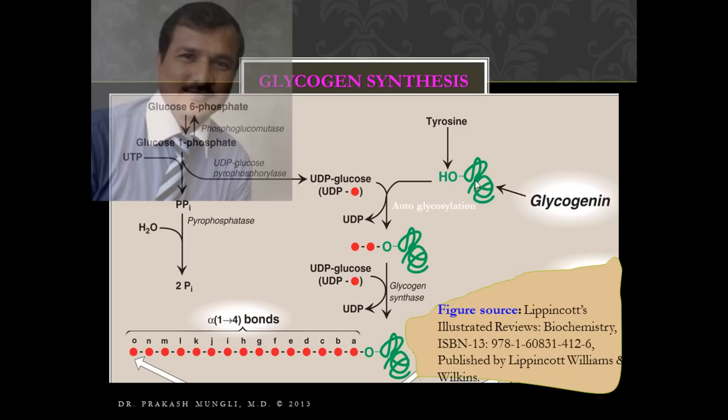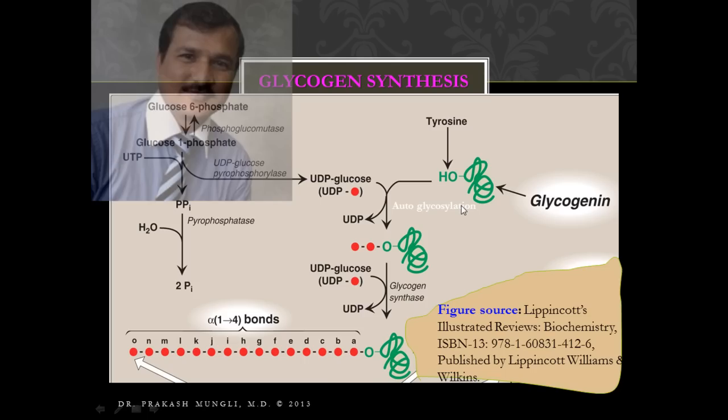Okay, so over tyrosine, UDP glucose is giving its glucose molecule, and UDP is released. So the glucose that is attached to tyrosine initially is coming in as UDP glucose, and UDP is released, and the attachment of glucose to this tyrosine of glycogenin doesn't need any enzyme. It is an auto-glycosylation process.